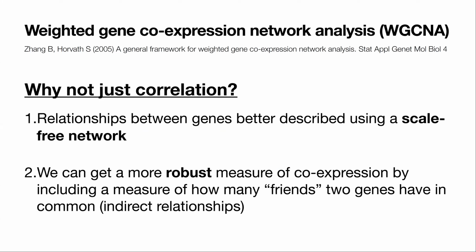The second thing WGCNA does above and beyond a simple correlation is create a robust measure of connection or co-expression between two genes by not only taking into account the direct correlation between the two, but also looking at the genes that are correlated with the other genes that are correlated with these two genes. From a social network perspective, they're looking to see if these two genes' friends are friends. So more evidence that this really is a robust association between two genes.